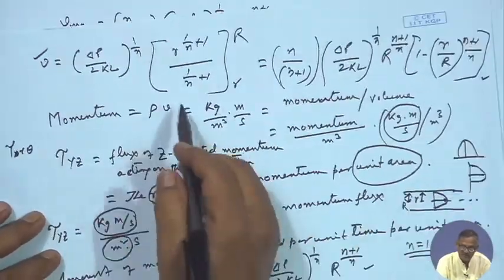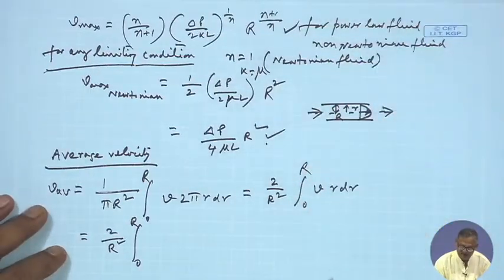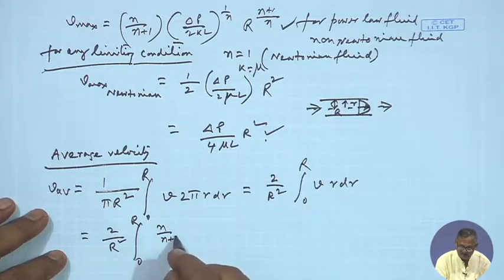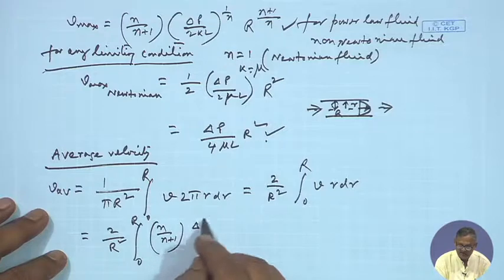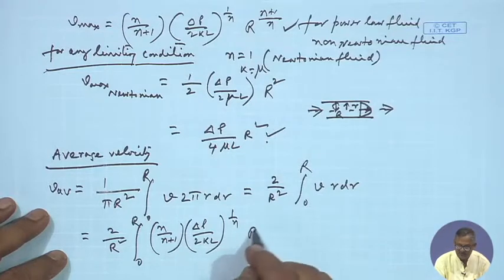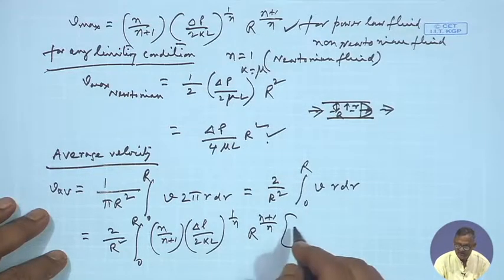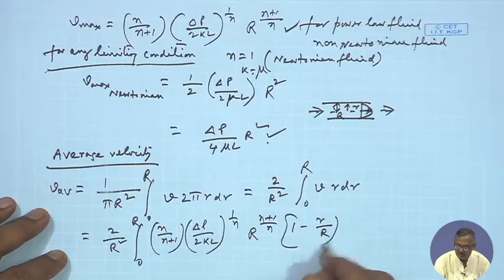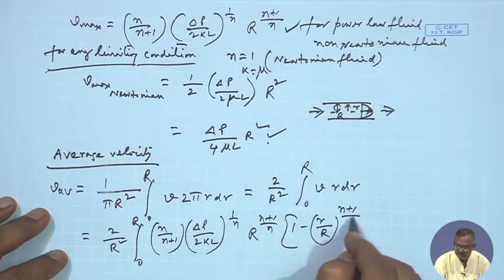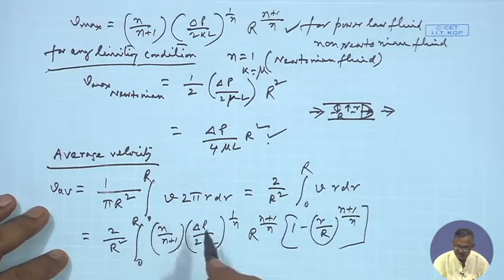So, if we substitute this value of v, that is n by n plus 1, delta p by 2 k L to the power 1 by n r to the power n plus 1 by n, times it was 1 minus r by R to the power n plus 1 by n, times this is v, already 2 we have taken out, pi is out, into r dr.